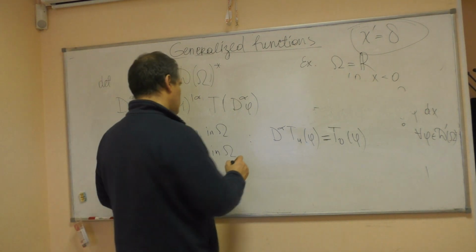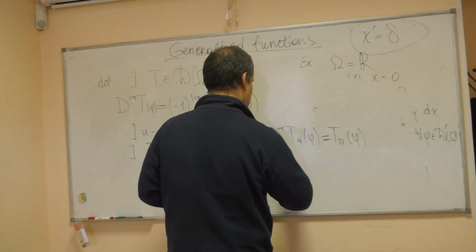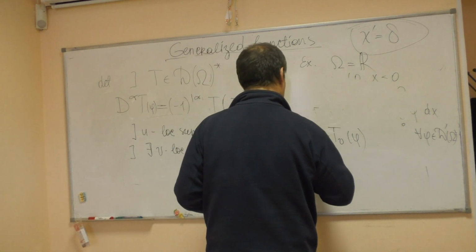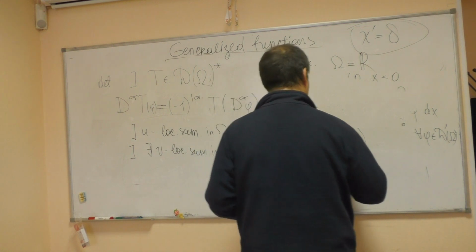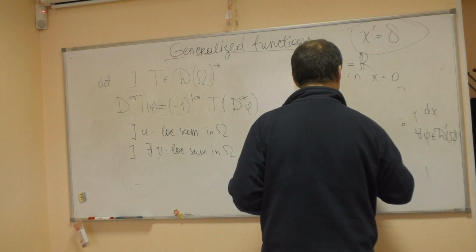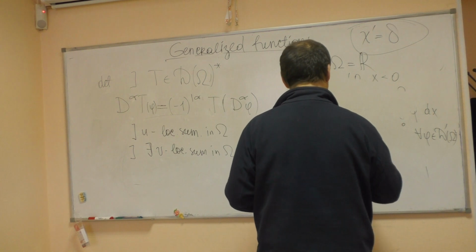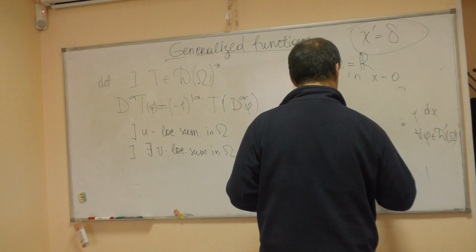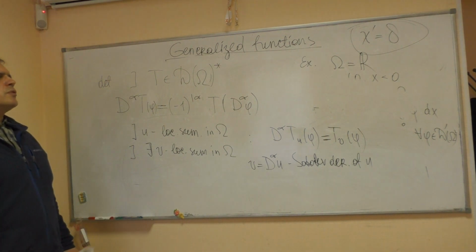Then v is called the Sobolev derivative of u. V is the Sobolev derivative of u.